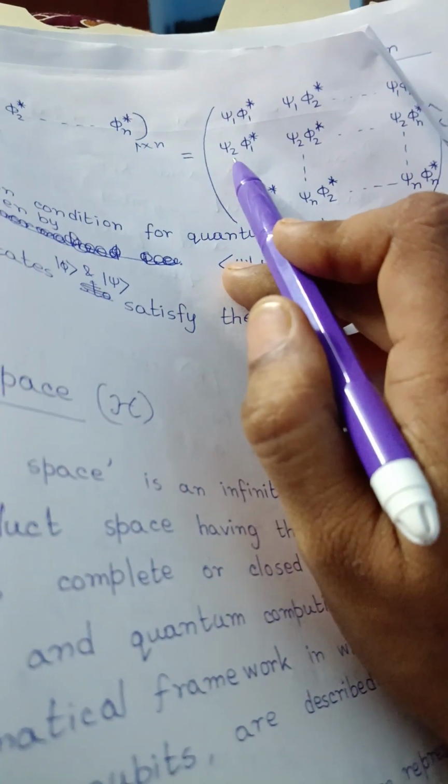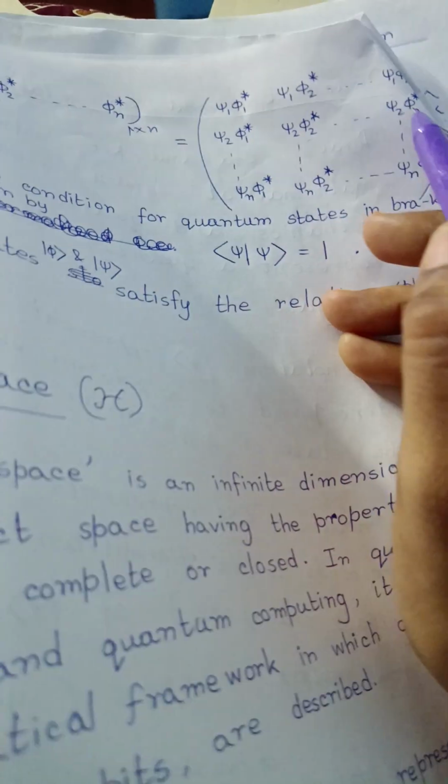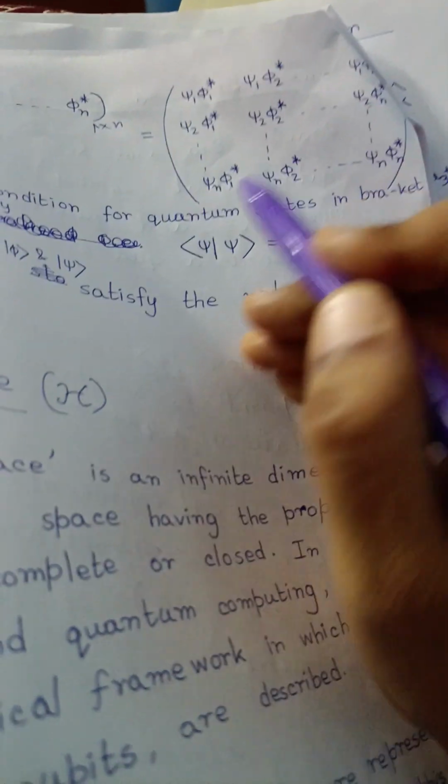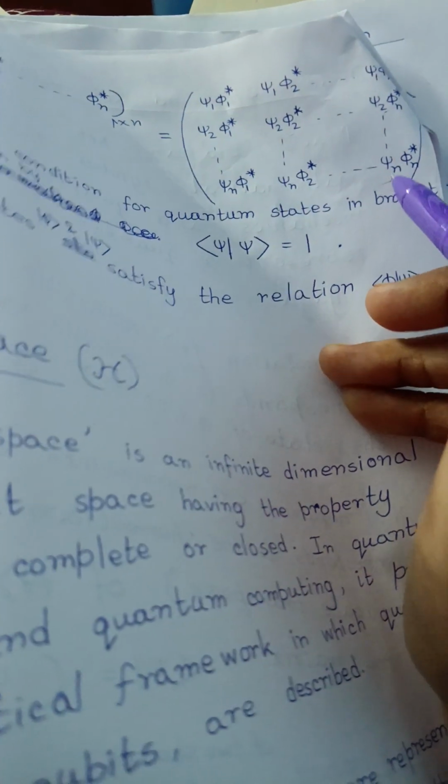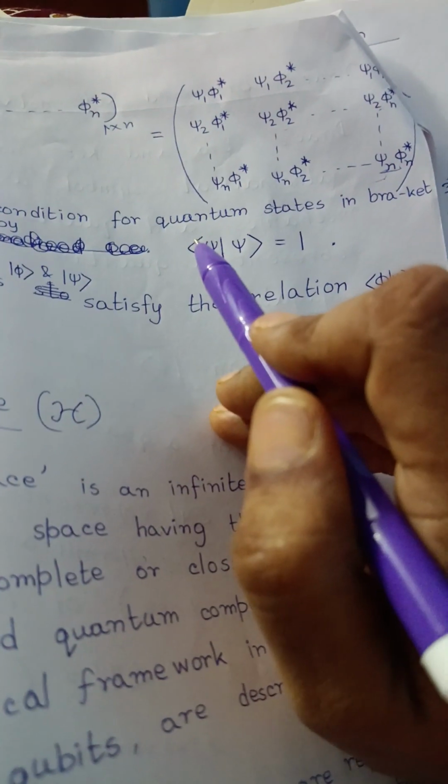Similarly, the second row will be psi 2 phi 1 star, psi 2 phi 2 star, and the last element is psi 2 phi n star. And in the last row, the last element will be psi n phi n star.